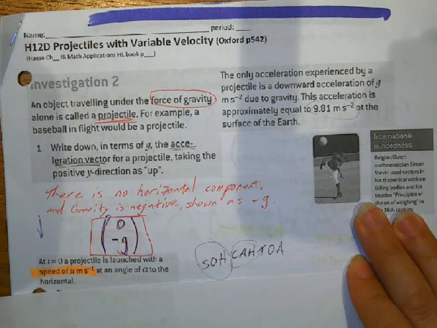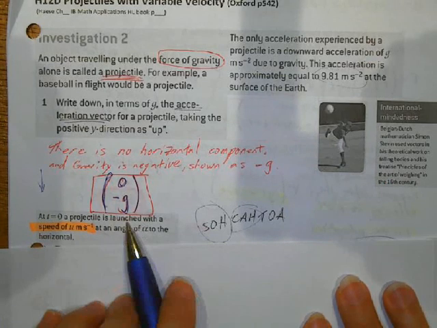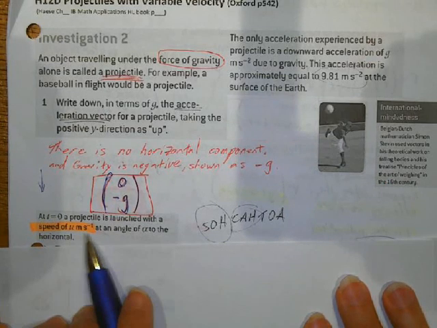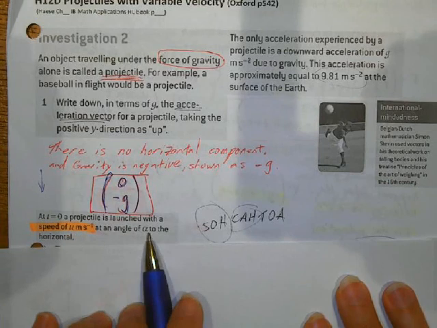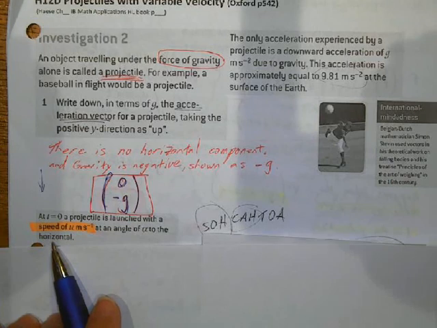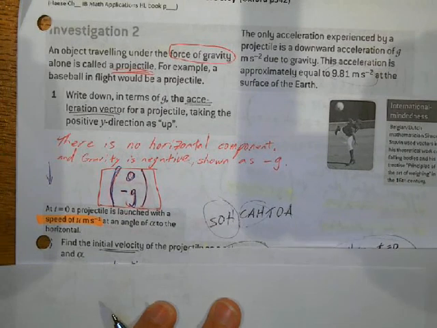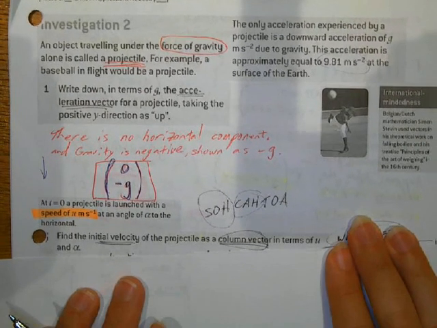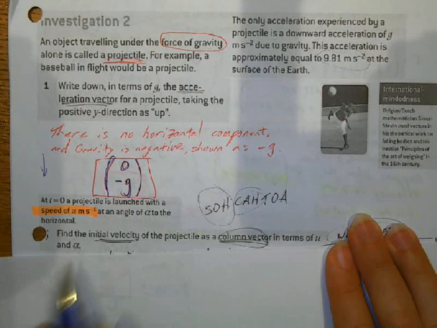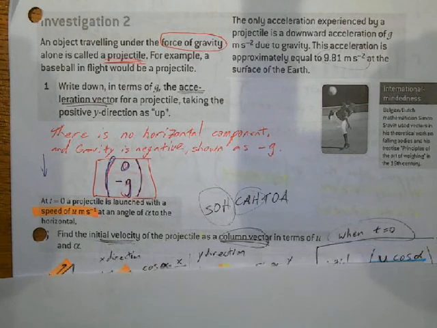Okay, the next question says, at time equals 0, a projectile is launched with speed, we're calling it u, at an angle of alpha to the horizontal. Find the initial velocity as a column vector in terms of u and alpha. So let's think of it this way.